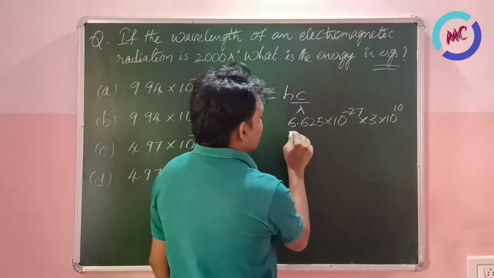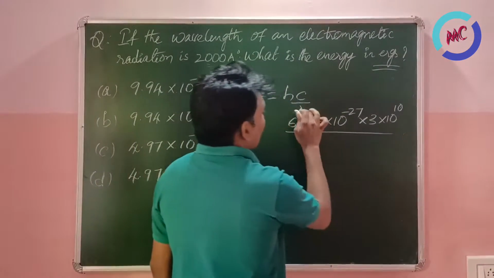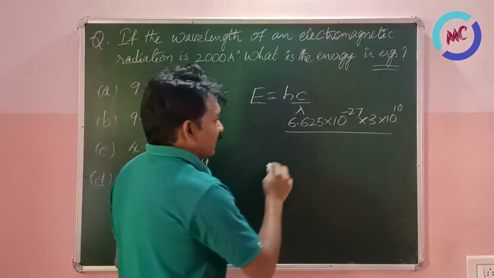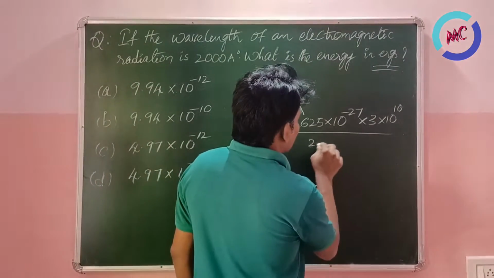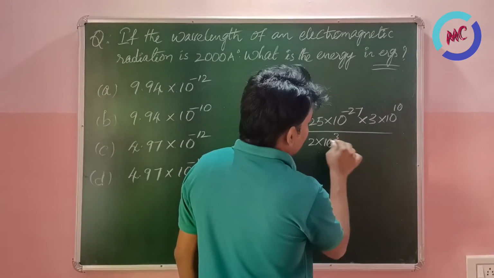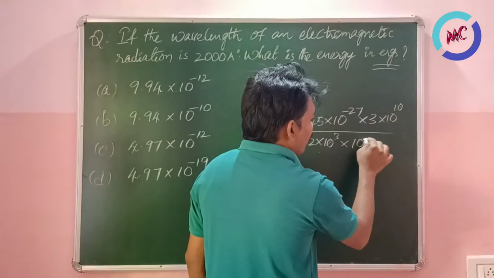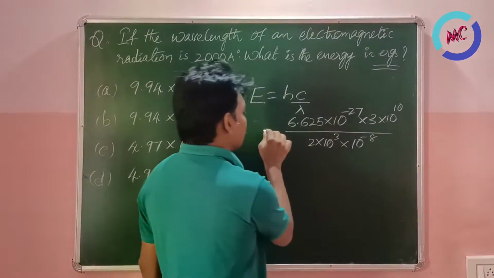And see here, what is the value of wavelength? They gave the wavelength as 2000 angstrom. 2000 angstrom means 2 into 10 to the power of 3 into, 1 angstrom is equal to how many centimeters? 10 to the power of minus 8 centimeter.